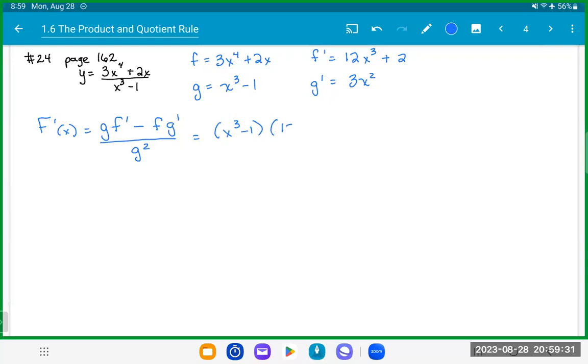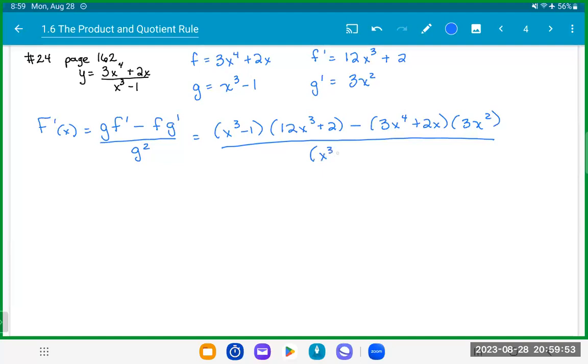F prime is 12x cubed plus 2, minus my f function. F is 3x to the 4 plus 2x. And g prime is 3x squared. All of that divided by my g function, which is x cubed minus 1, and we square that. Okay?